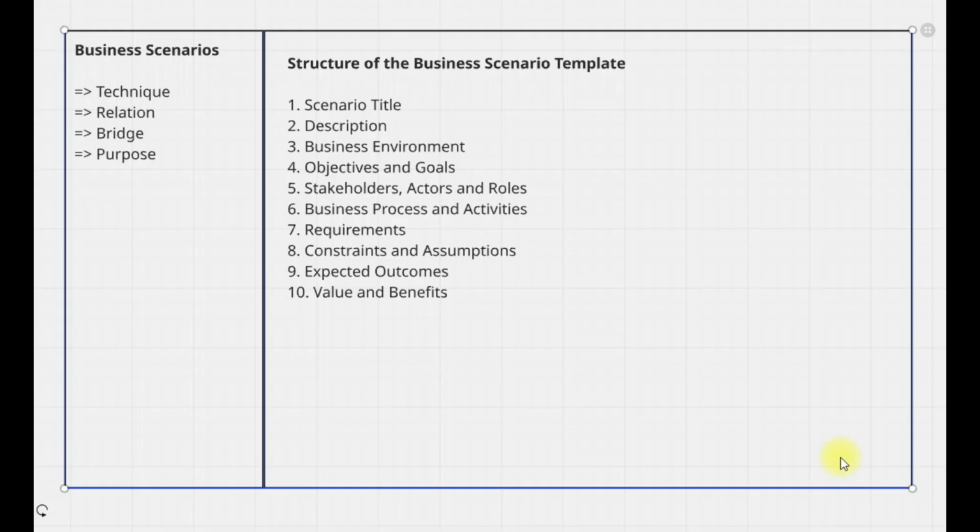And then in the business environment, we'll set the context of the problem. We will provide a basic understanding of why this problem statement has to be solved and how it is linked with other problems to achieve the overall business goal.